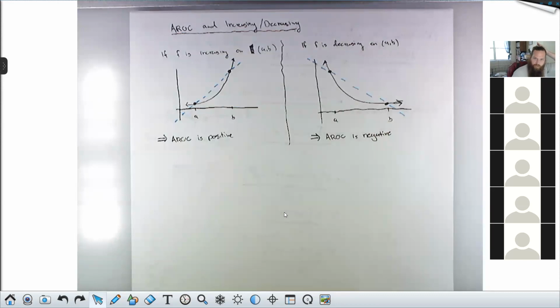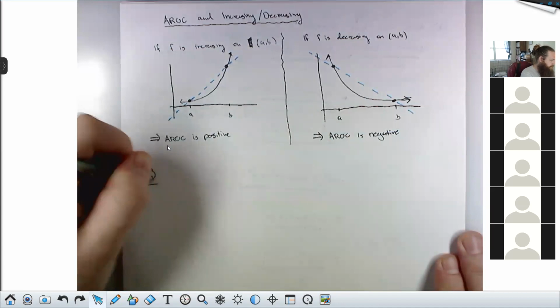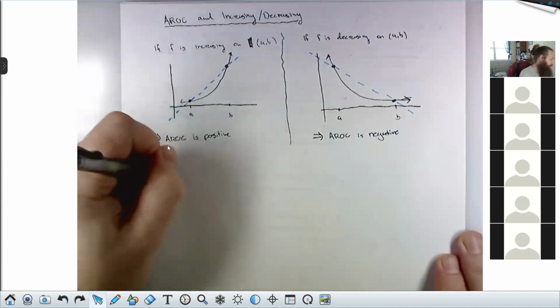But each of these statements have what's called a converse. If I tell you that the average rate of change is positive, can you conclude that f had to be increasing? Or if I tell you that the average rate of change is negative, can you conclude that f had to be decreasing? In other words, can I turn these arrows around? So the question I will leave you with, what about the converse?